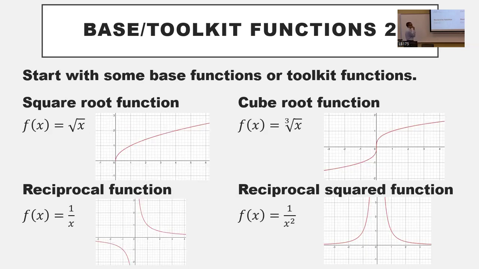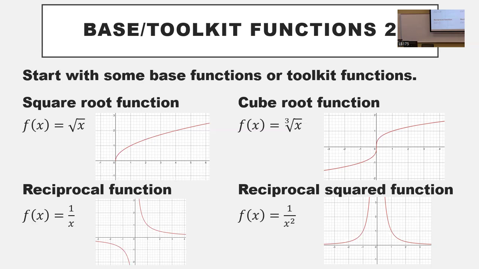Other functions that we'll deal with are the following. The square root function starts at the origin and moves up to the right. And as you move further on to the right, it grows at a slower and slower pace.